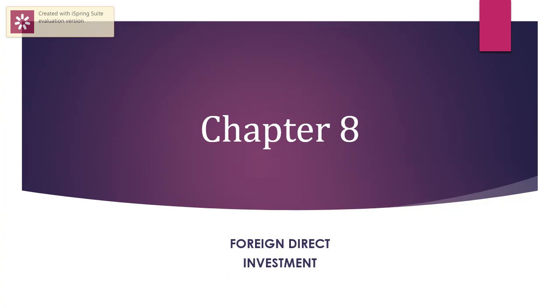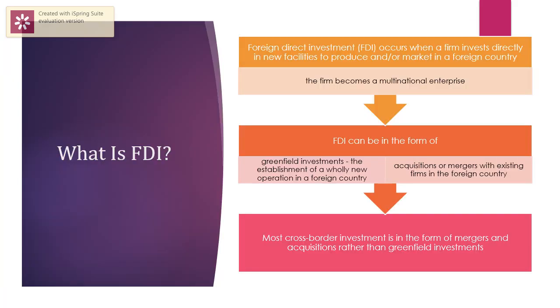Now, we will move towards chapter number 8 of your course, which is foreign direct investment, being one of the riskiest ones. So we are going to discuss it in detail in the coming slides. So, what is foreign direct investment?